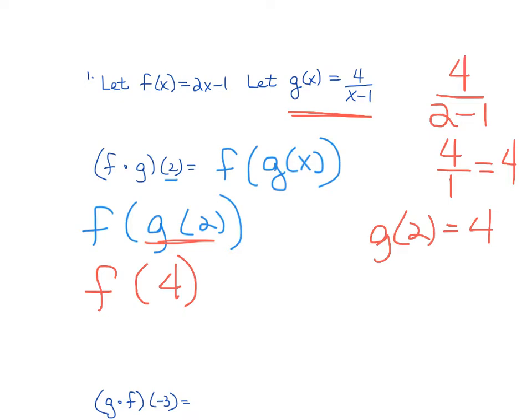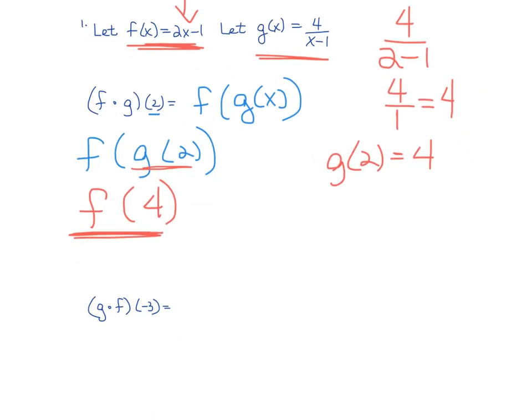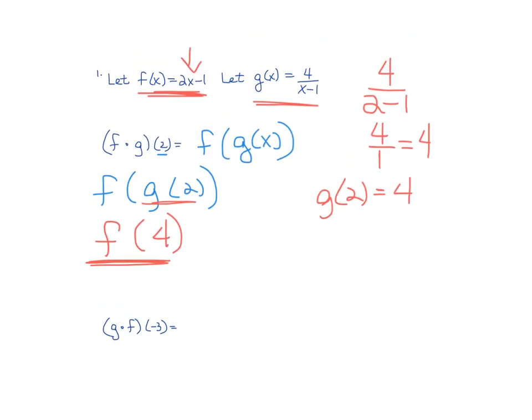And now the value of g of 2 actually becomes the x that I now plug into the f function. So now I'm going to take my f of x function, this one, and where I see x, I'm going to plug in 4. So now 2 times 4 minus 1 gives me 8 minus 1, which gives me 7.